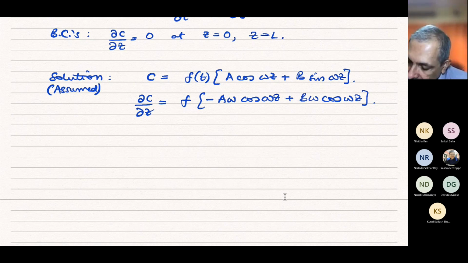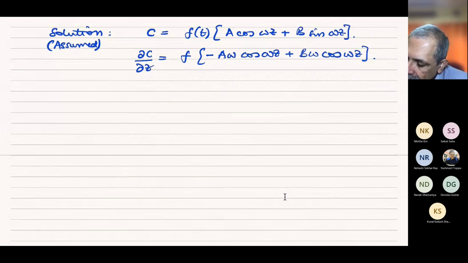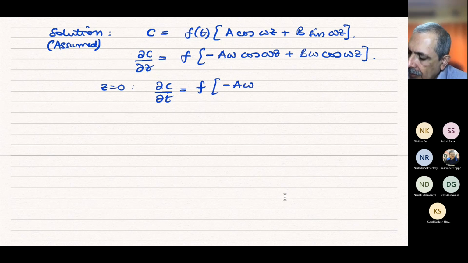So for this boundary condition, at Z equal to 0, what we get is del C by del Z is just equal to F into minus A omega. I've just written it exactly the opposite.